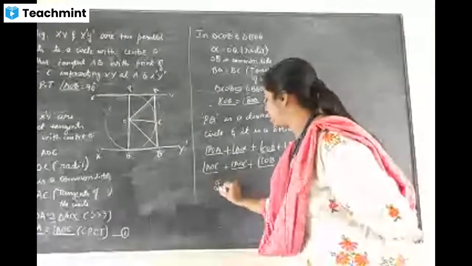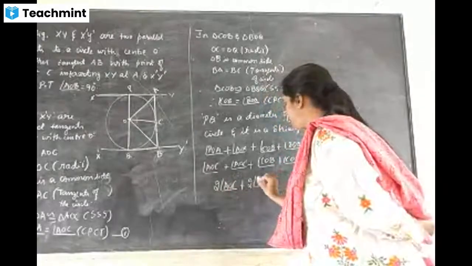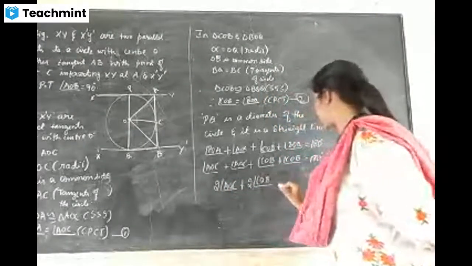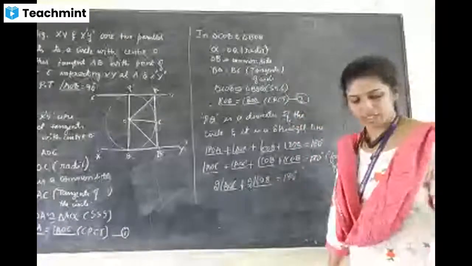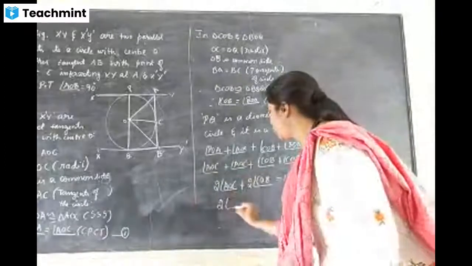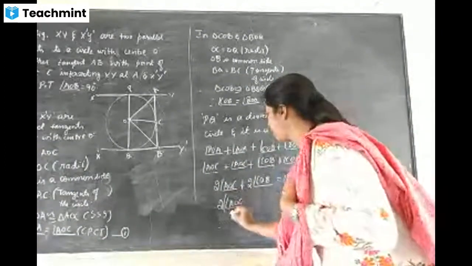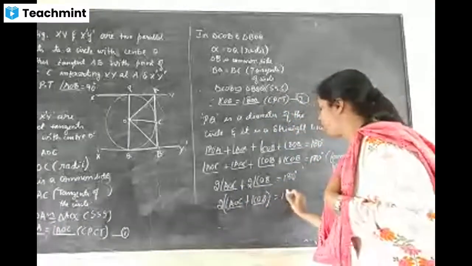Now, 2 AOC plus 2 COB is equal to 180 degrees. So, take 2 common out: 2 times (AOC plus COB) is equal to 180 degrees.